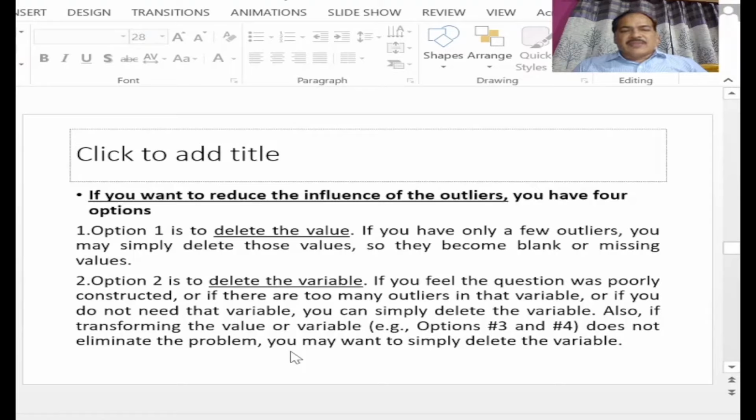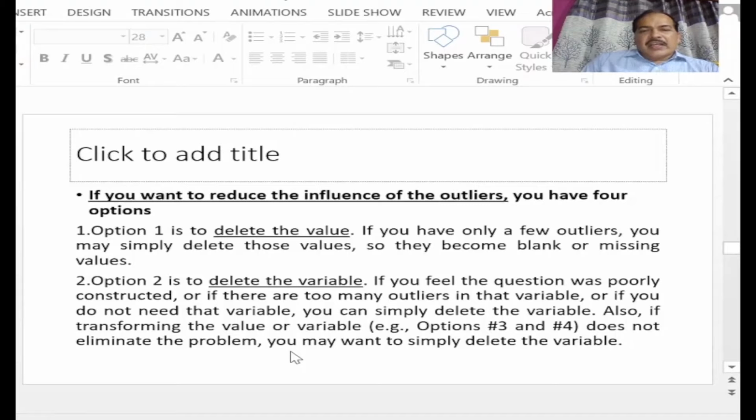the other option is, if we have many extreme values for a particular variable, in that case we can go for the removal of the variable as well. If you feel that the question has been poorly constructed, or there are too many outliers in the variable and there is no need for the variable in the study, then we can simply delete the variable.